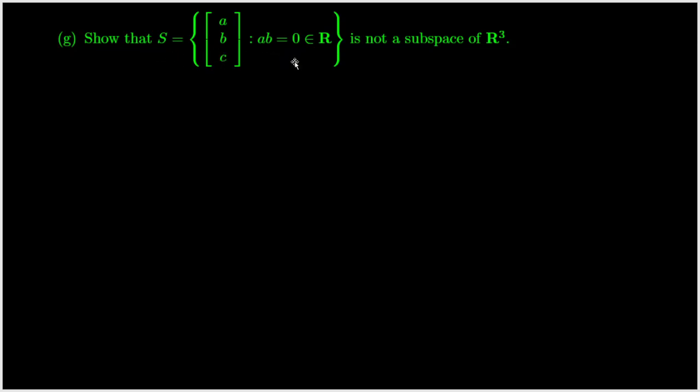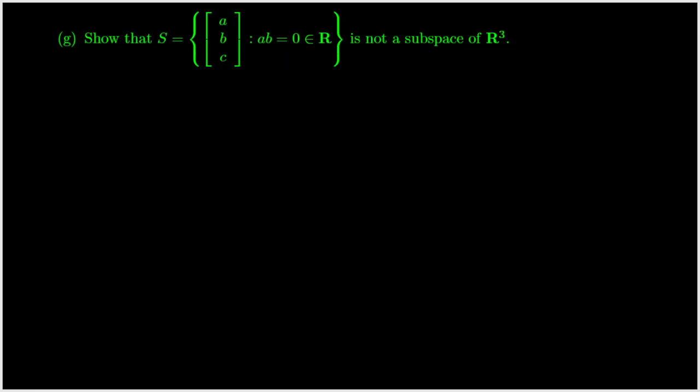I mean the members of the subset. This means the product of the first two components is equal to 0. By that we mean to check if a vector is a vector in S, you multiply the first two components. If the product of the first two components is equal to 0, then that's a vector in S.